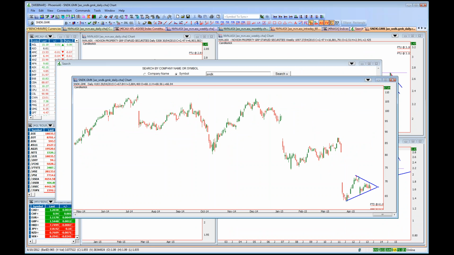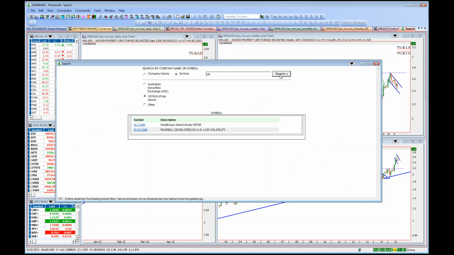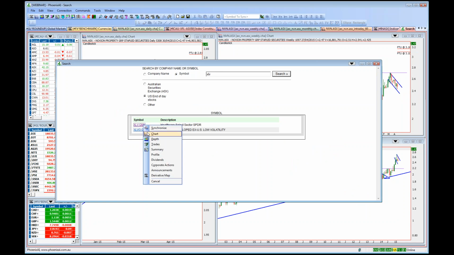That was SNDK. I got one more to do for the US, which is XLV. The health sector chart.